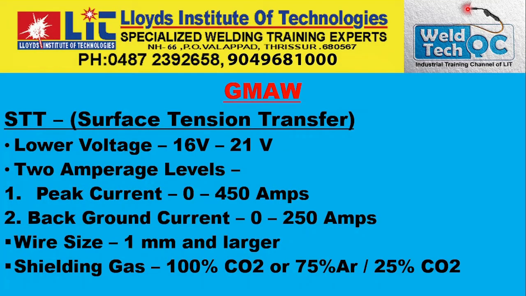And wire size will always be 0.9 or 1 mm and larger. And shielding gas will normally be 100% CO2, or if you want a better arc, you can use 75% argon and 25% CO2.